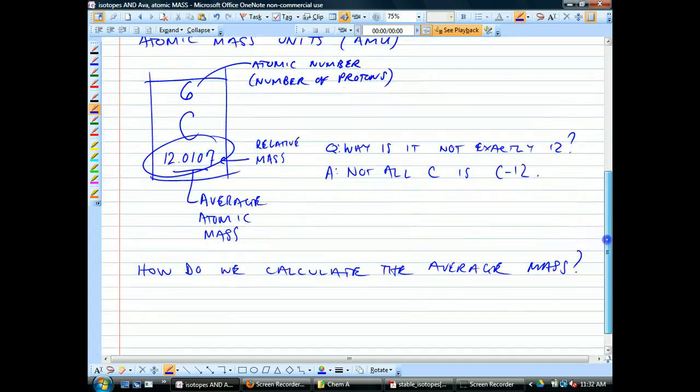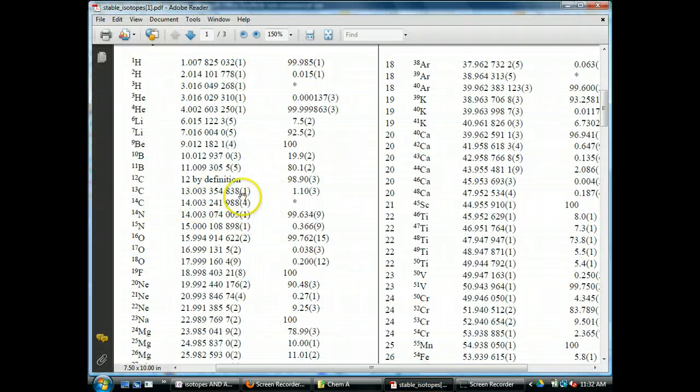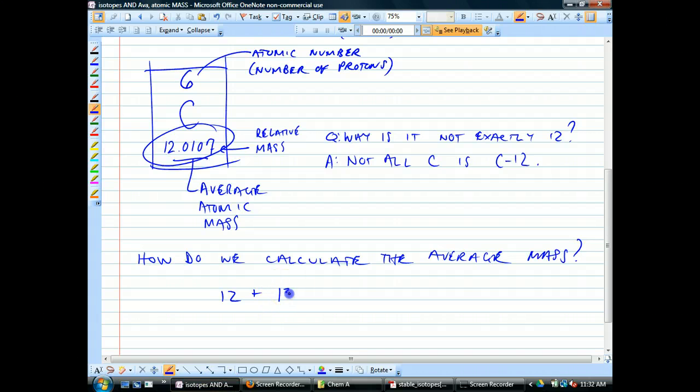What are they? It's exactly 12, and then we can look on here to get the other one, 13.003354838. You might be tempted to do this, but you wouldn't want to do that.